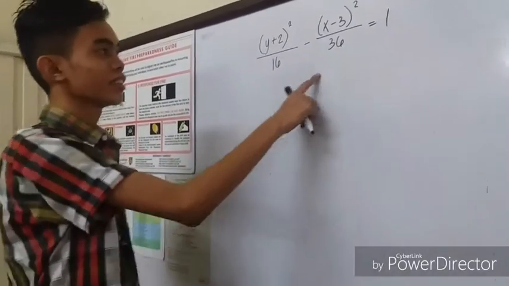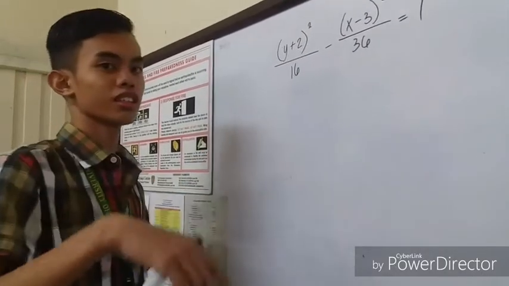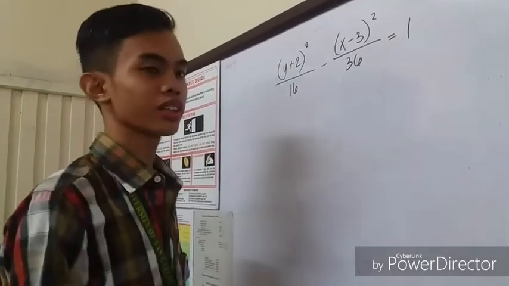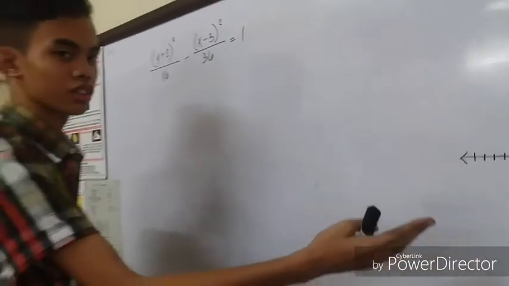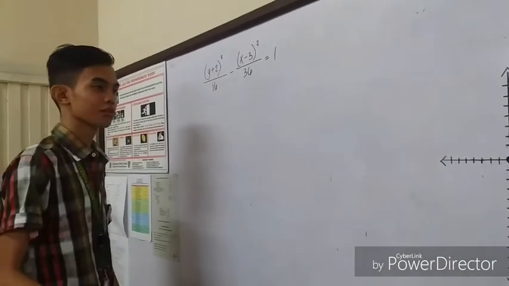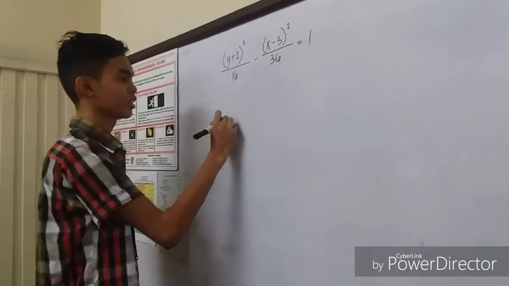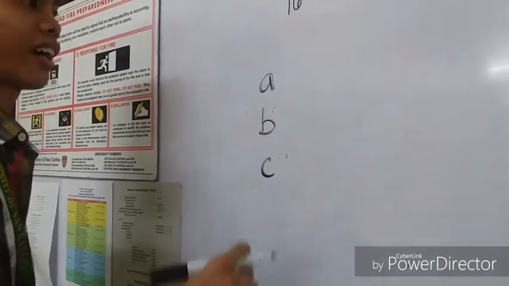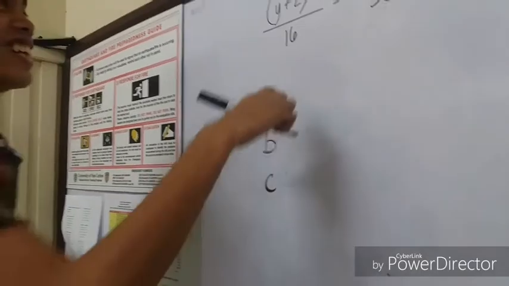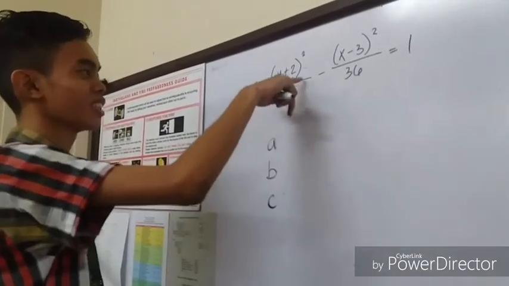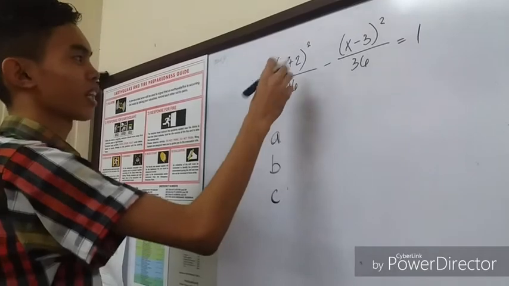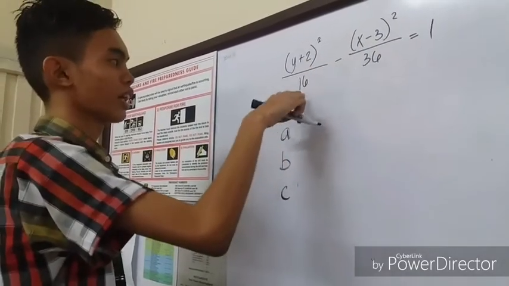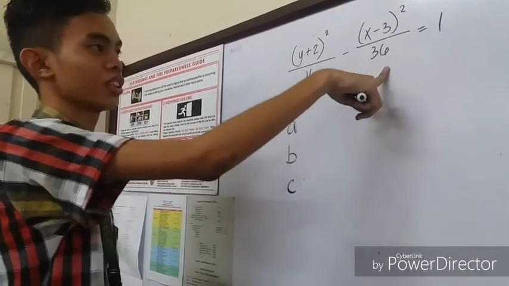Since we found the standard form of the equation, we could now easily graph the hyperbola. But before that, we must determine the values of A, B, and C. And before that again, we must name the values given in the equation, like positive 2, negative 3 in the numerator, and 16 and 36 in the denominator.